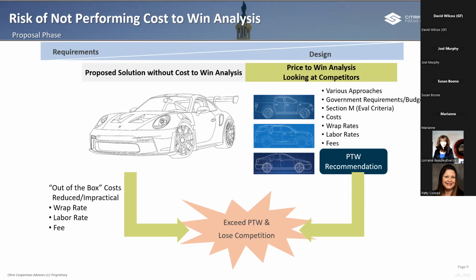And the price to win analysis, which is not wrong, is taking a very good look at the competition. It's got the car, it's got all the costs, it's got it at price, and this is just not going to work. And you can't reconcile it, and now you've run out of time, and that's where the disaster comes in. And if you've been around a while, you've seen this. And so you want to get way ahead of it.